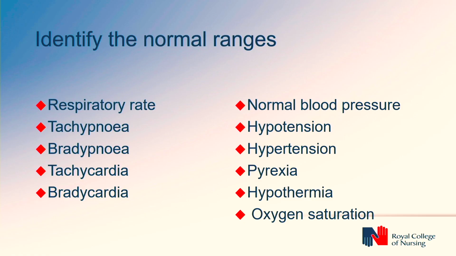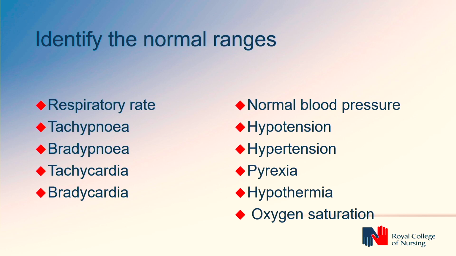Okay, so this is just a little bit of revision to identify the normal ranges of the vital signs that we're looking at. I said first of all about the respiratory rate. We're going to talk a bit about tachypnoea and bradypnoea, tachycardias, bradycardias, normal blood pressure, hypotension, hypertension, pyrexia, hypothermia and oxygen saturations.